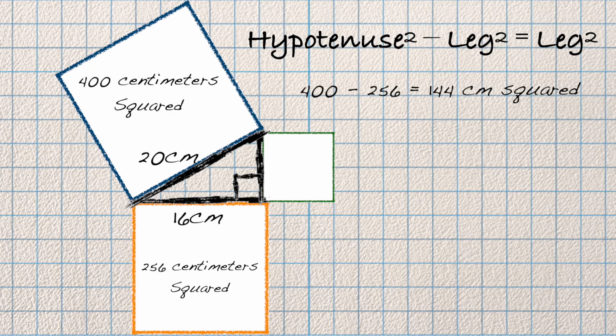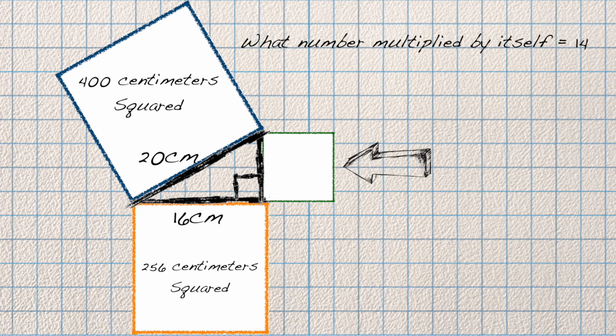256 to get 144 centimeters squared, which is the area of this square. To find the length of this leg, we need to find what number times itself will equal 144.